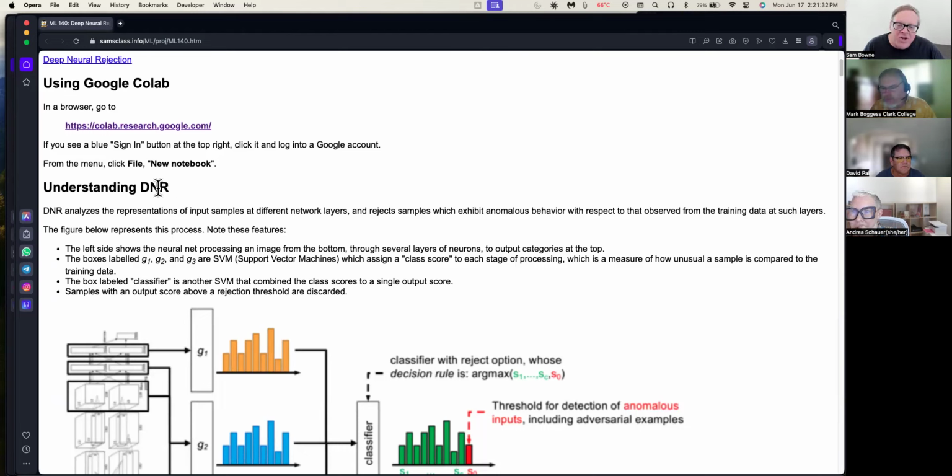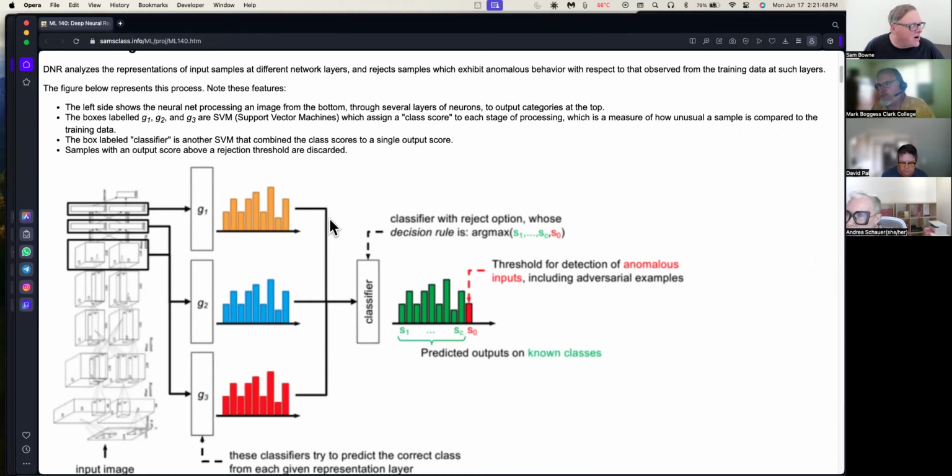So deep neural rejection. Remember how in the last project I showed you, you took some of the images and poisoned them by putting some little speckles of white on them, which would confuse the model and cause it to learn badly. So how hard would it be to detect poisoned images? And it turns out not to be too hard. What you do is you feed it into some LLMs that come up with a number which measures some quality of the image.